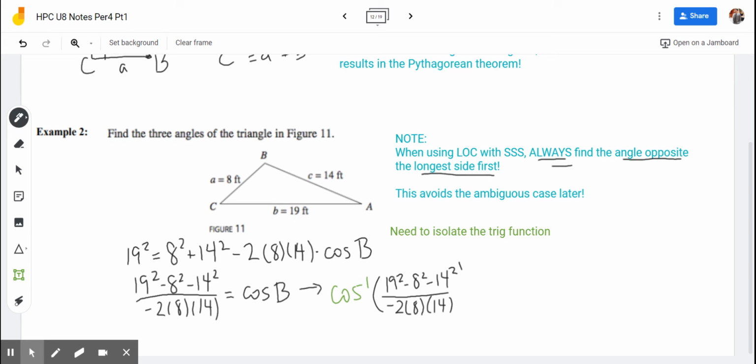We'll put that all into the calculator, and that's going to be our angle measure for angle B. Okay. And then to 2 decimal places, B is going to be about 116.80 degrees.